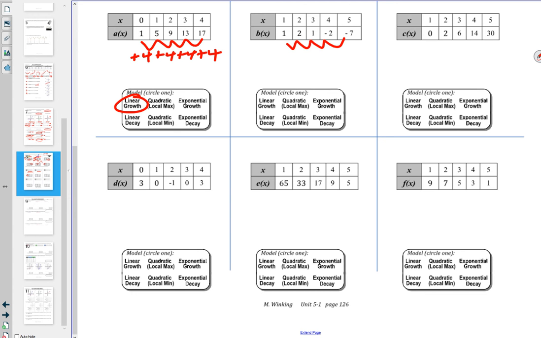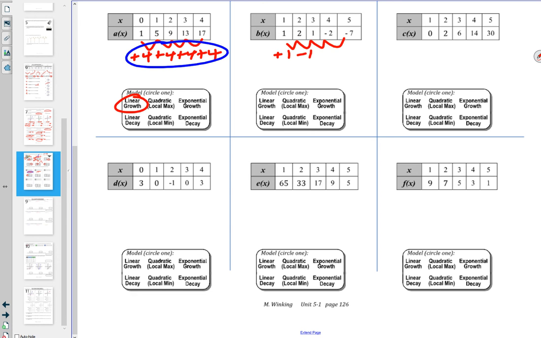Go ahead and take, what you just did over here is called taking the first difference. So take the first difference. Keep in mind, it's the one after minus the one before. So what's 2 minus 1? Yeah, I went up 1. But then what's 1 minus 2? -1.